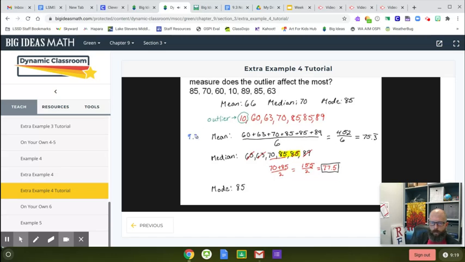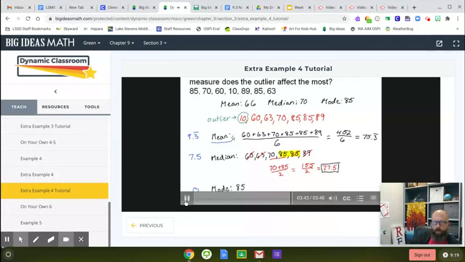The change in the mode with and without the outlier is 0. The greatest change that results from the removal of the outlier is 9.3 repeating. So, the outlier affects the mean the most. There you have it. They affected the mean, or the average, the most.